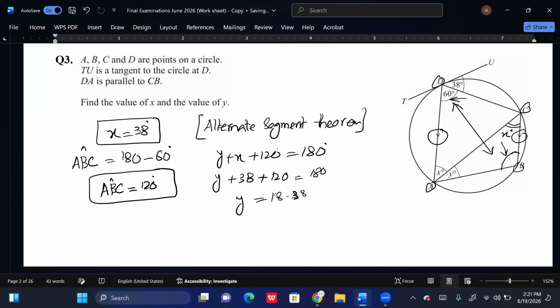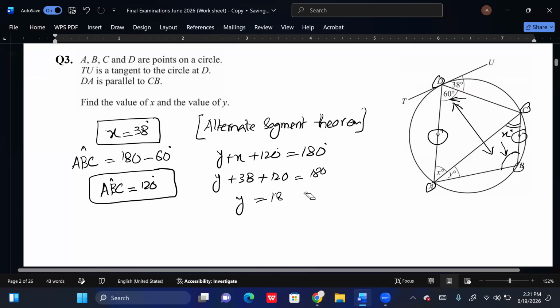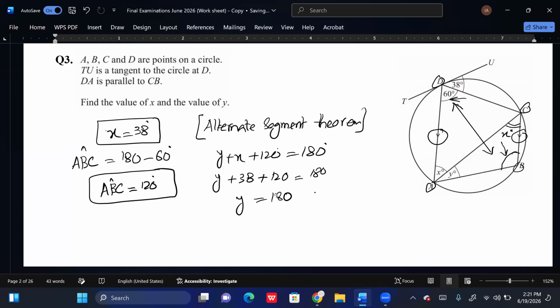Oh my God, we should add them and then we solve this. So it's going to be 158. 180 minus 158. That gives me, let's subtract, 22. Y is 22 degrees.